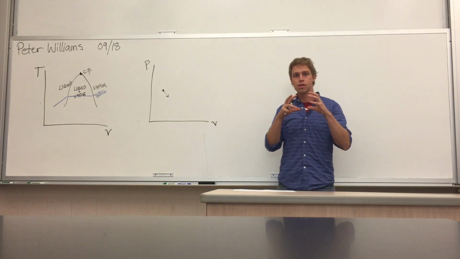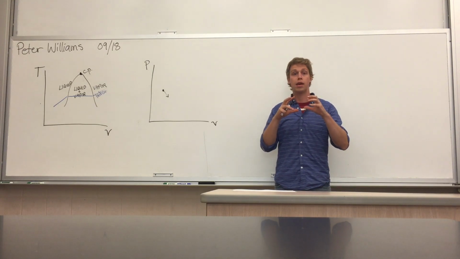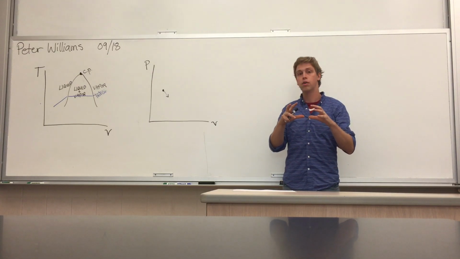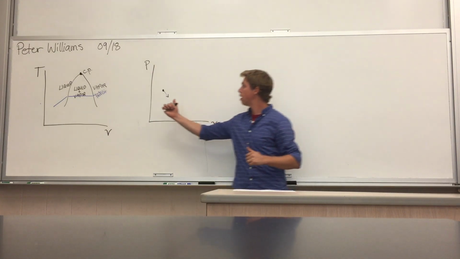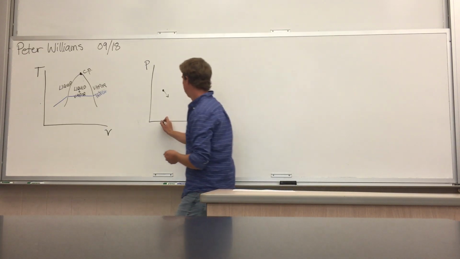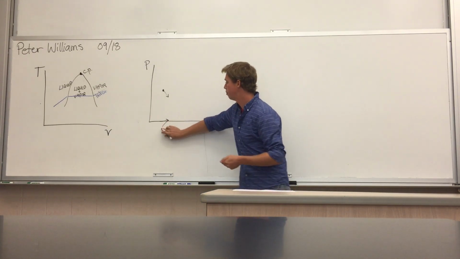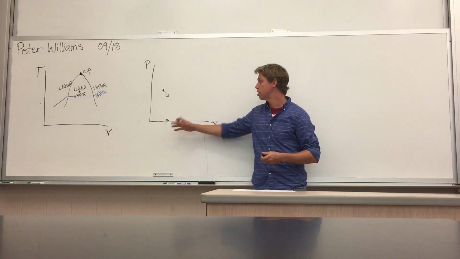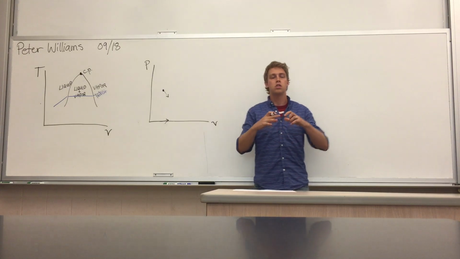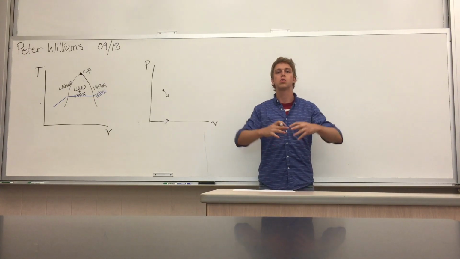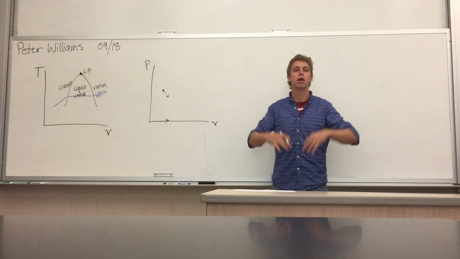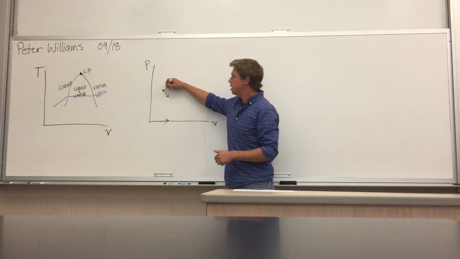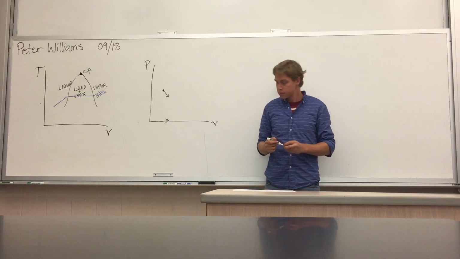If I have a container with a specific amount of gas and that gas is not changing and our temperature isn't changing, the only thing I'm going to change now is make it bigger, increase the volume, so go this way. I have a little arrow, a little increase in the volume direction. Then it's intuitive to us that the pressure drops. As we make it a bigger and bigger volume, the pressure is going to go down. And so this arrow right here is decreasing. It's got a negative slope.